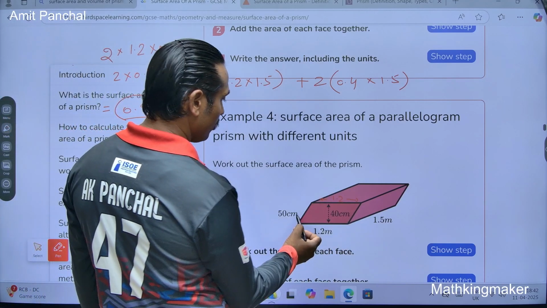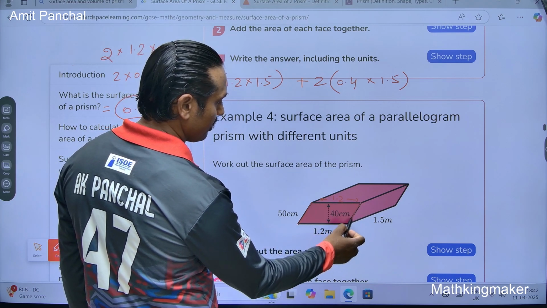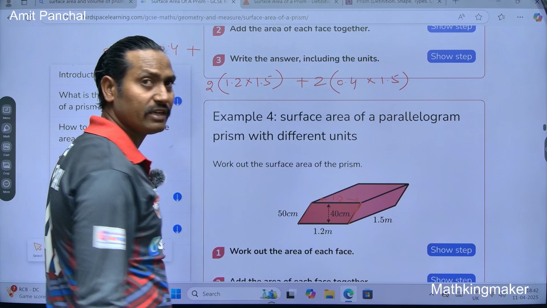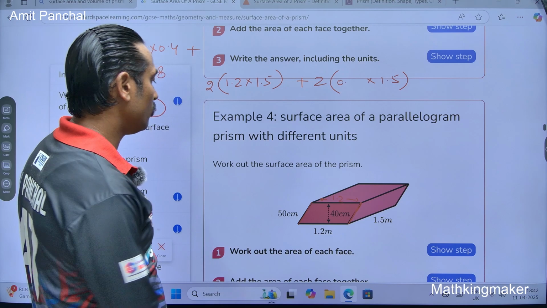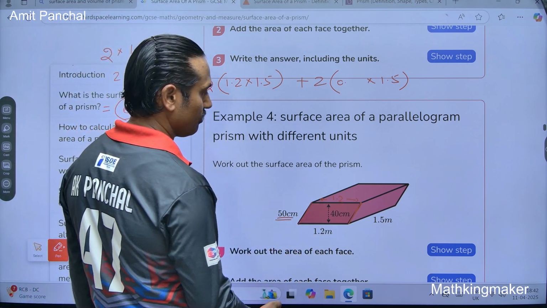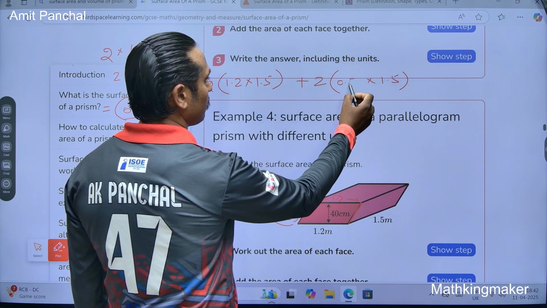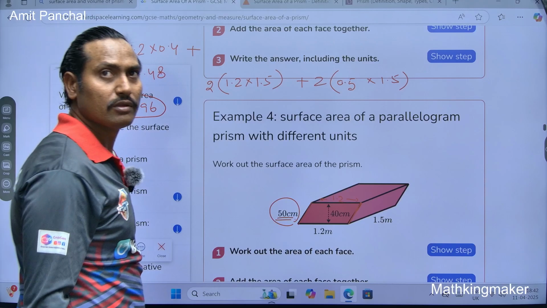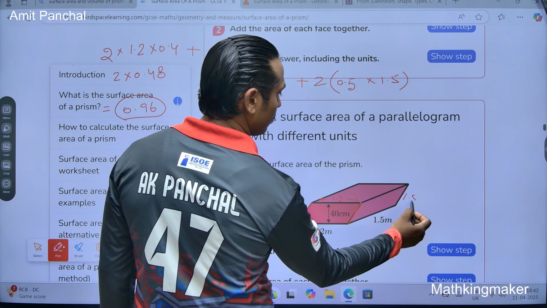No. Because this is 50 centimeter, so this will be the same. This will also be 50 centimeter. Why are you counting 0.4? Yes, sir, but shouldn't you get the height for a parallelogram? Yeah, it is a parallelogram.